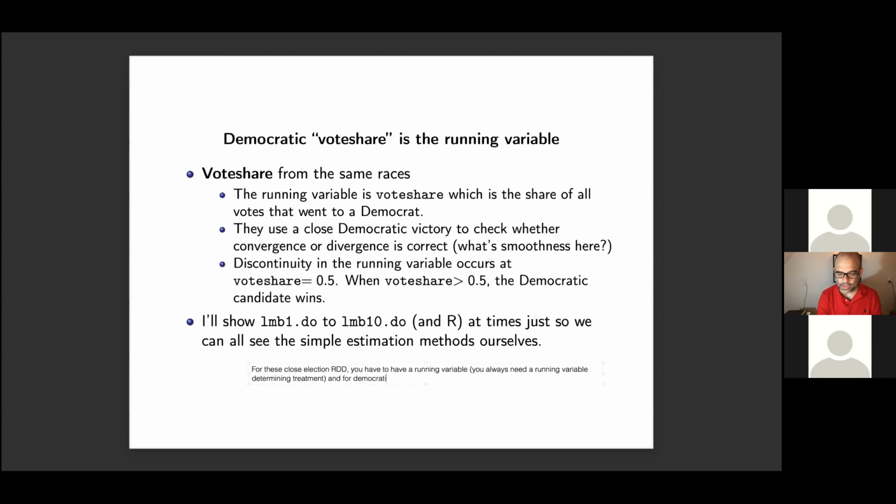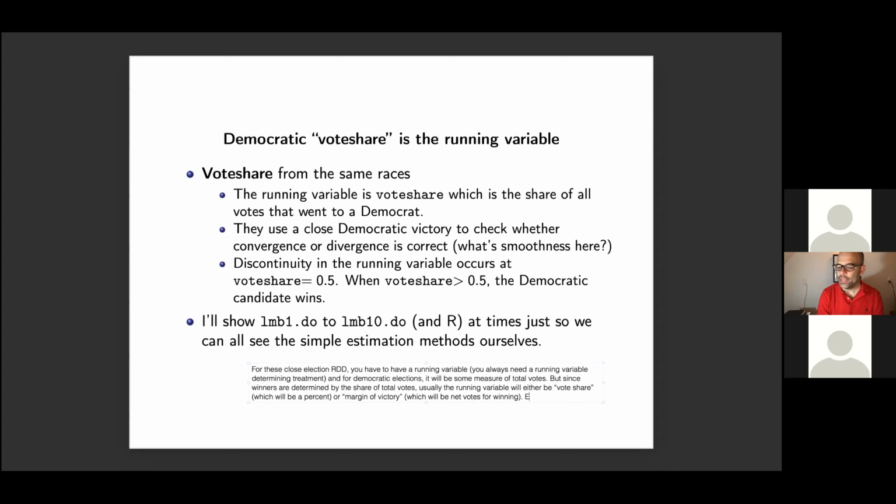For democratic elections, it will be some measure of total votes. But since winners are determined by the share of total votes, usually the running variable will be either vote share, which will be a percent, or margin of victory, which will be net votes for winning.